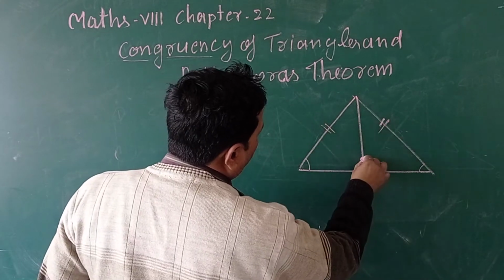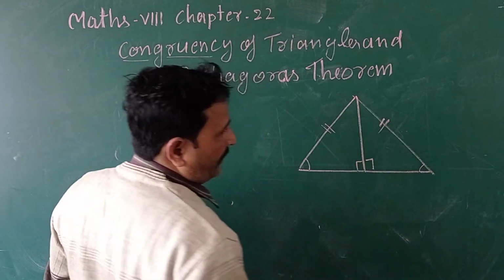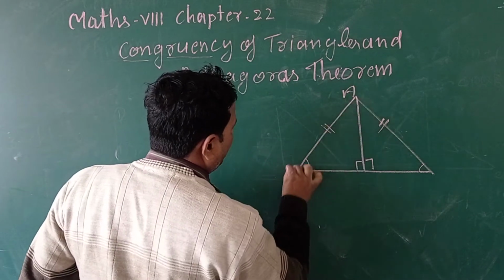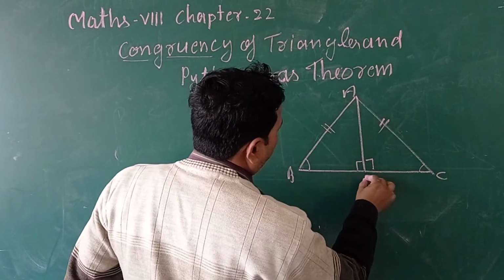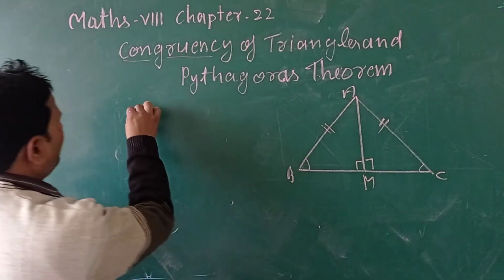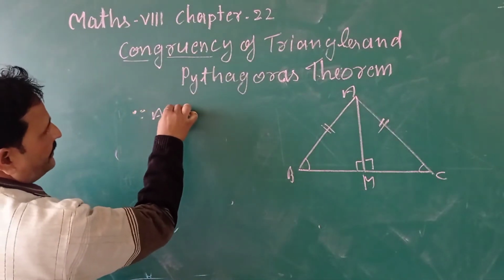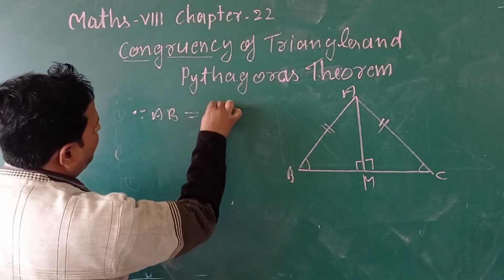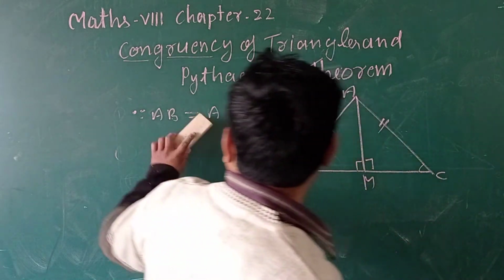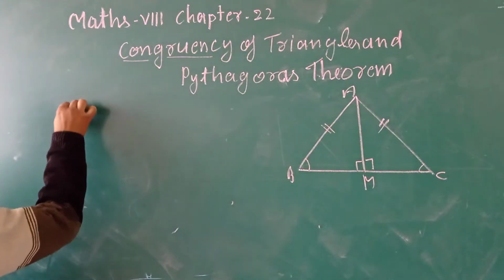Since triangle ABC, this point M, since AB is equal to AC, you have to write the proof.